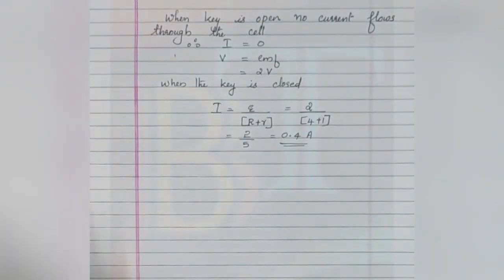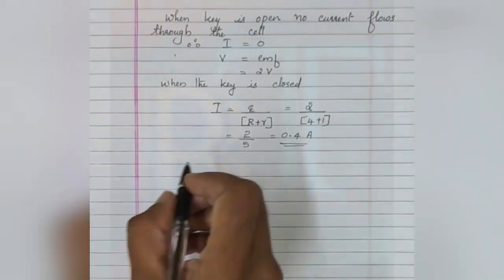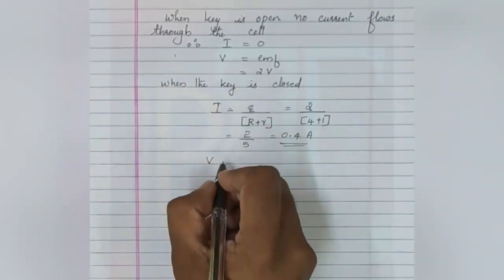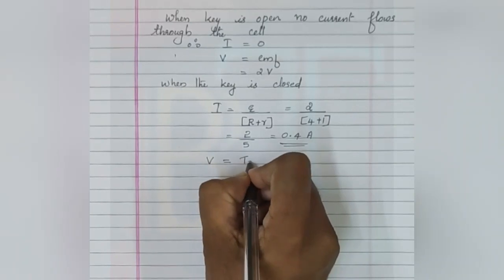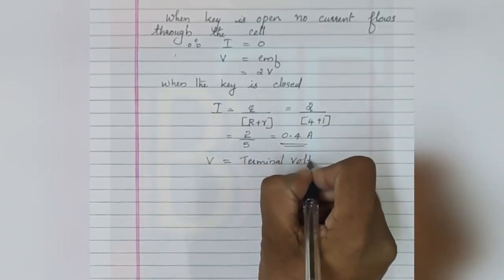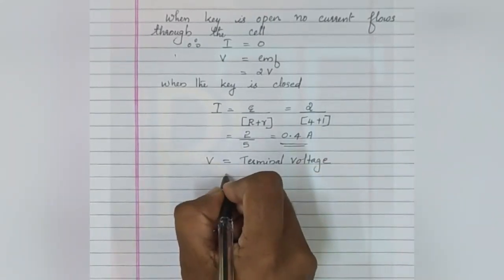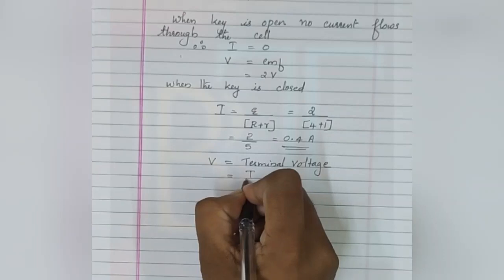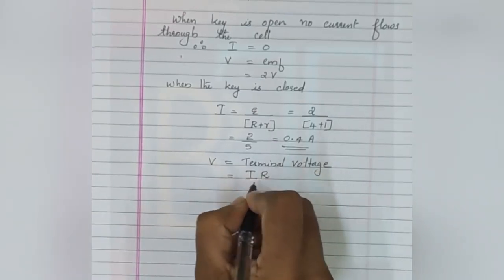Now when current passes through the circuit, the potential difference across the cell is called terminal voltage. So when the key is closed, the potential difference across the terminal is called terminal voltage. The equation of terminal voltage is current into external resistance.